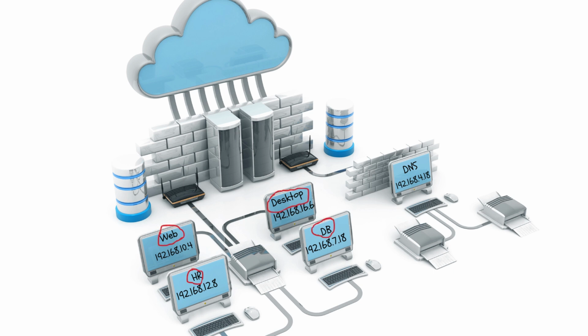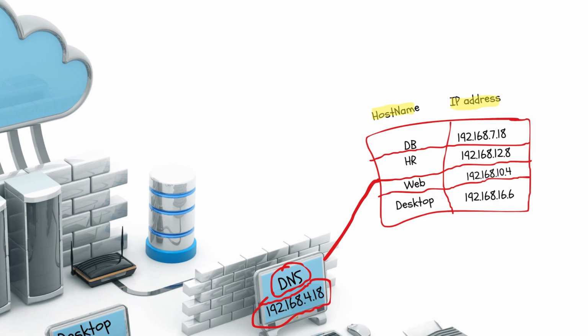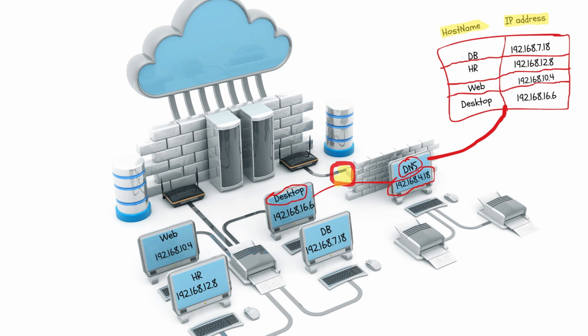To bridge the gap between host names and IP addresses, a DNS resolver is used. A DNS bridges the gap between host names and IP addresses by storing records of each device's host name and corresponding IP addresses. When a client device, such as a desktop, makes a request to access a database using a host name, the request is sent to the DNS server.